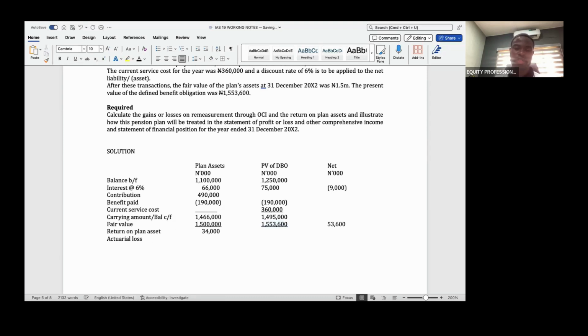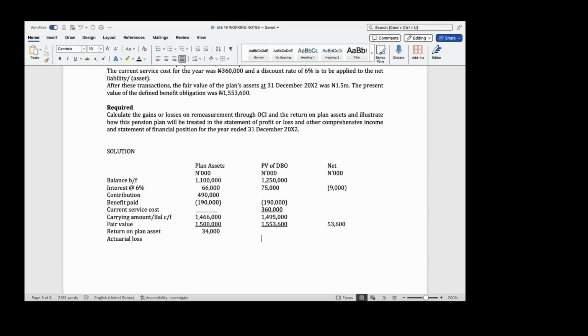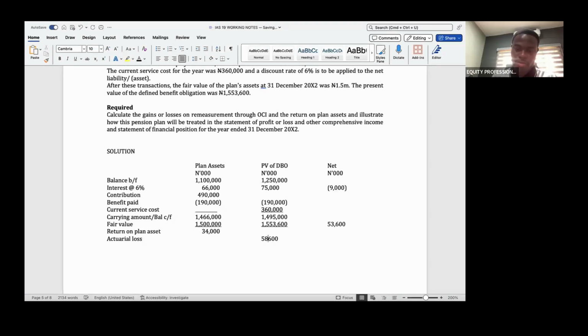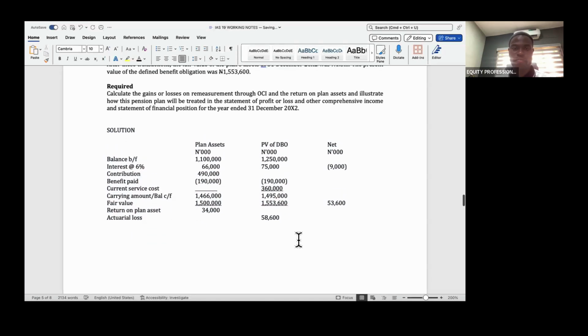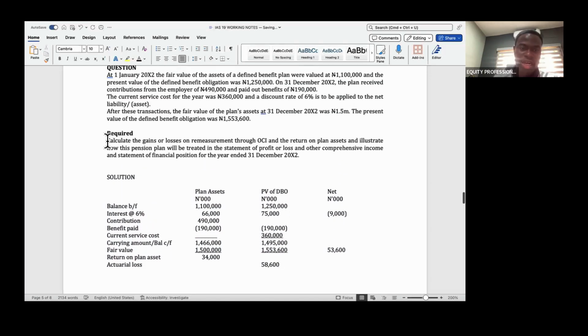And what difference do we have? 58,600. If we're able to do this successfully, then you are done with the first part of the question: calculate actuarial gains and losses on remeasurement and the return on plan assets.